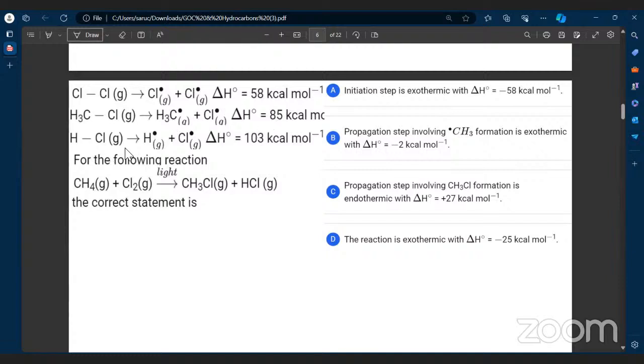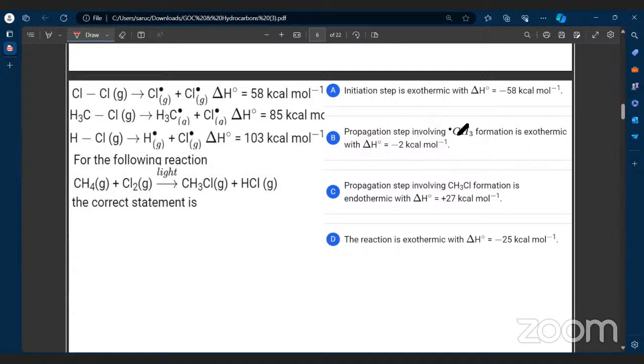HCl, its free radical and delta H value is given. For the following reaction, CH4 plus Cl2 gives CH3Cl plus HCl, what would be the correct statement? The initiation step is exothermic with delta H naught equal to minus 58 kilocalories per mole.